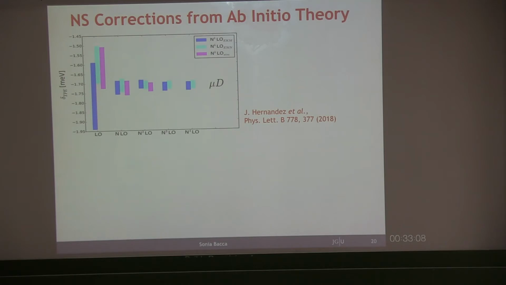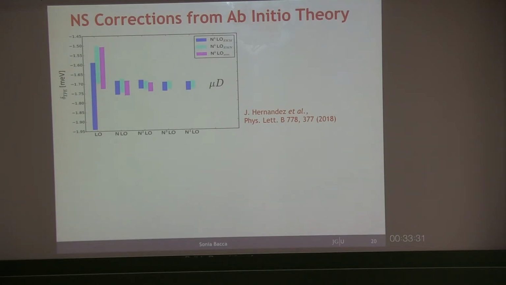Because as I told you, there is no unique way to fit these low energy constants. There are various methods. But as you see, by the time you reach, let's say, the next to next leading order, everything is flat. And it doesn't move if you go to higher order, which means the chiral convergence is ensured. And you can see this as an uncertainty if you want. So this is what we did for the deuterium.